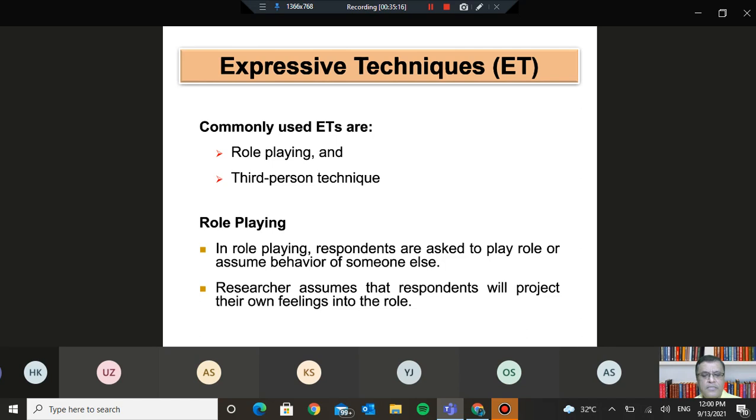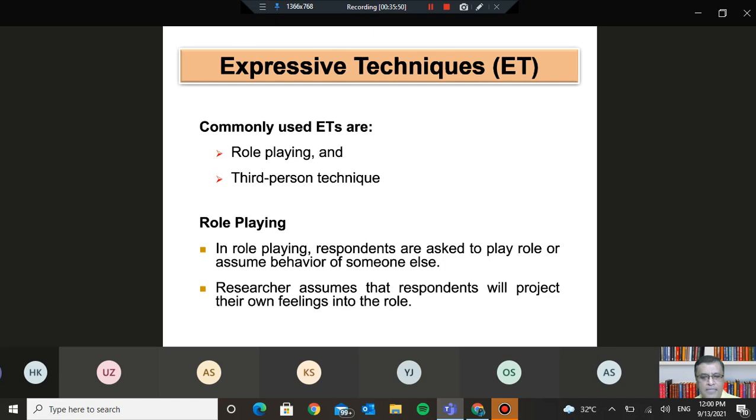This third person may be, for example, a roommate of that individual, a colleague at the workplace, a neighbor, or a friend of that individual. Using that third person, you expect that the person will be sharing their inner feelings.